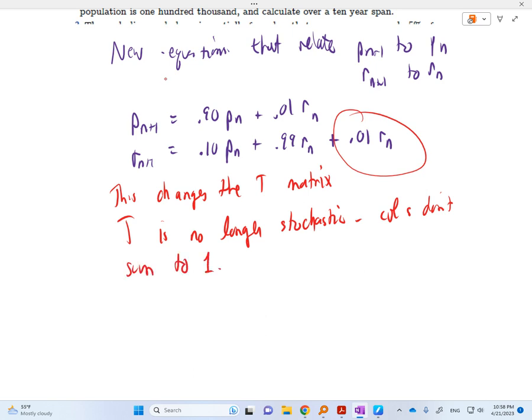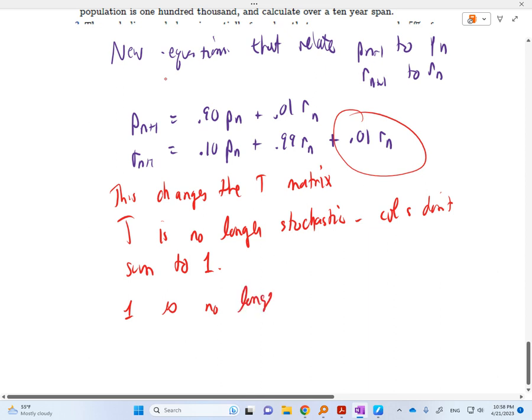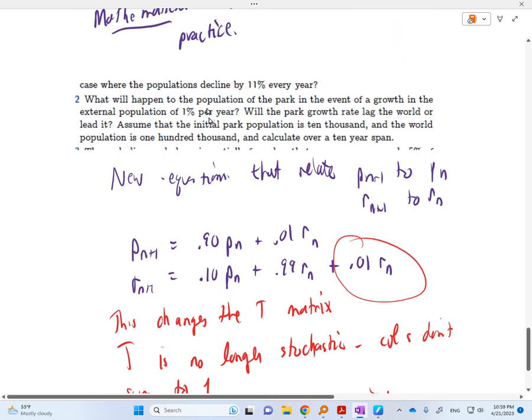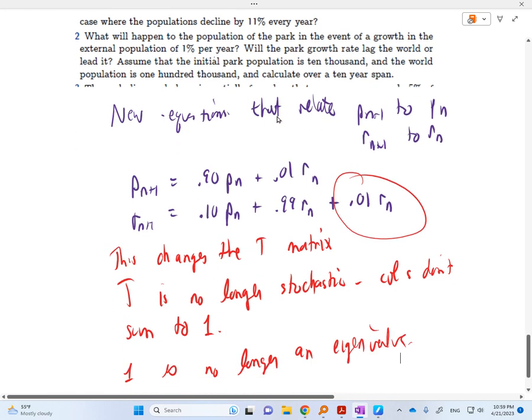All right. So 1 is no longer an eigenvalue. But this is what you expect. If you have population growth outside the park, the population inside the park is going to grow as well, right? So here he wants you to do some numerics to see how it's going to change, but you'd expect that to change.